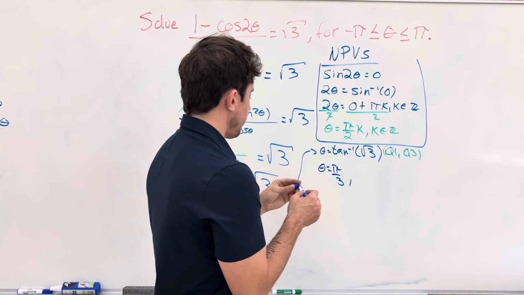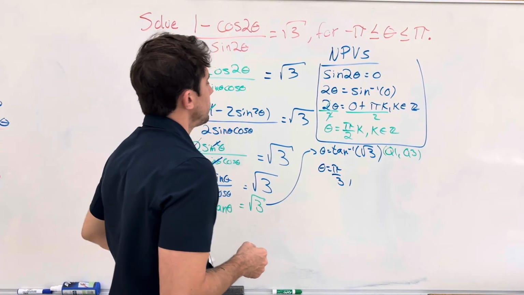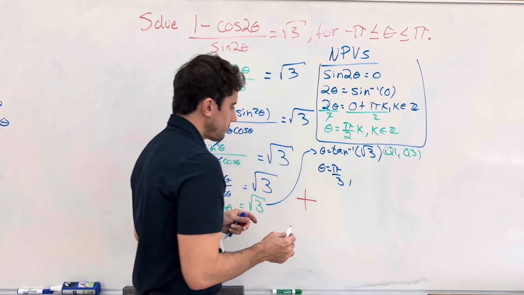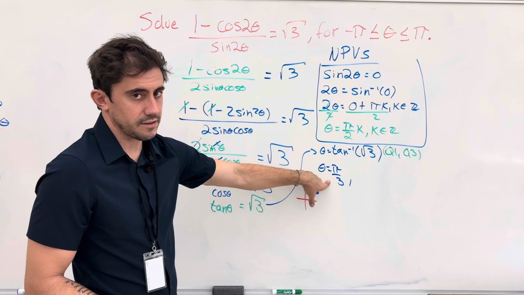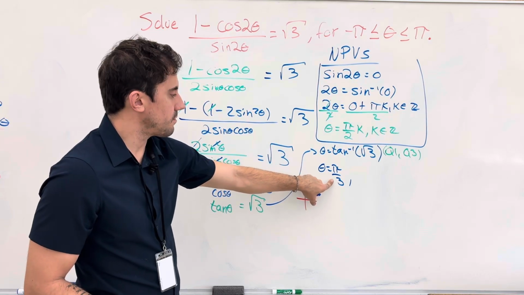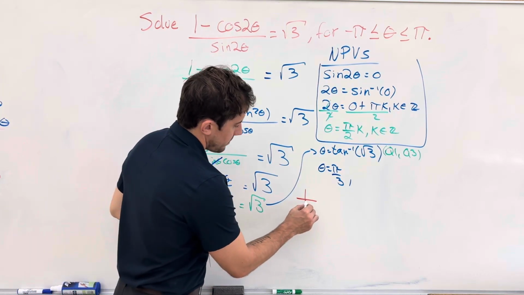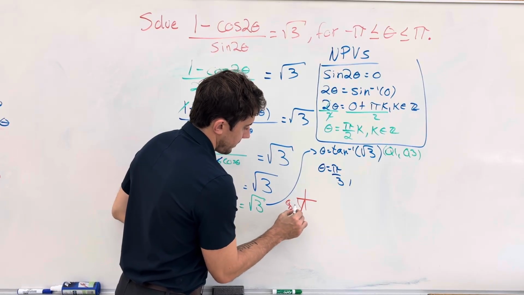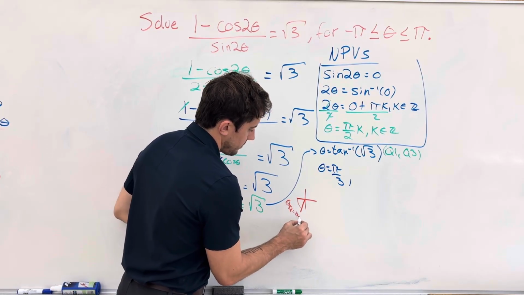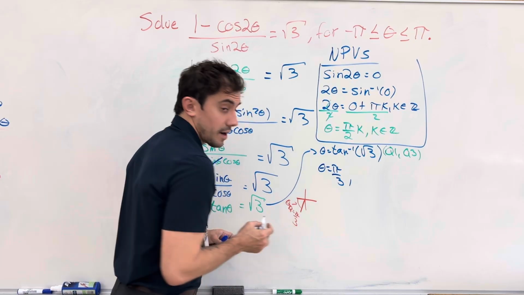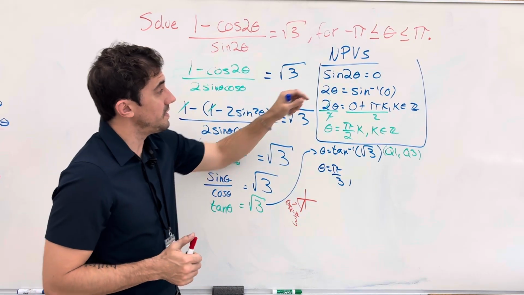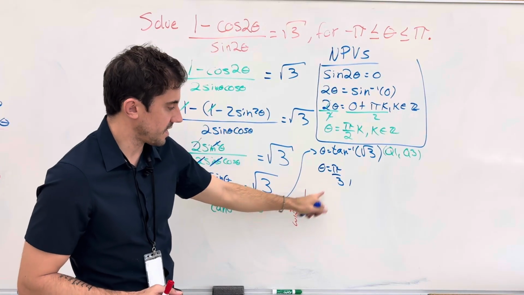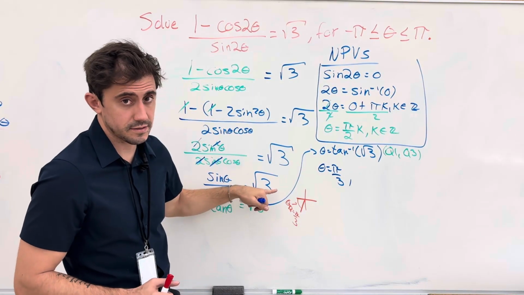Now, let's draw out the unit circle really quickly so we can imagine our second solution. This serves as a reference angle, right? If we use that reference angle in Q3, that's going to look something like that, right? That is going to be our reference angle of pi over 3, right? And now we can go through the negative angles, meaning that we go from the positive x-axis clockwise, right?